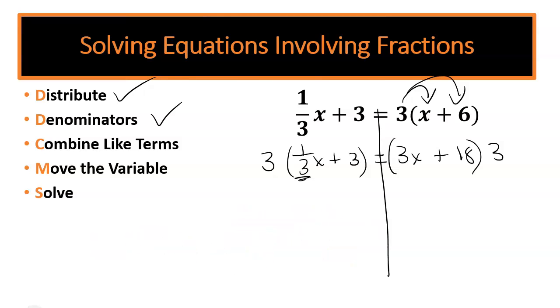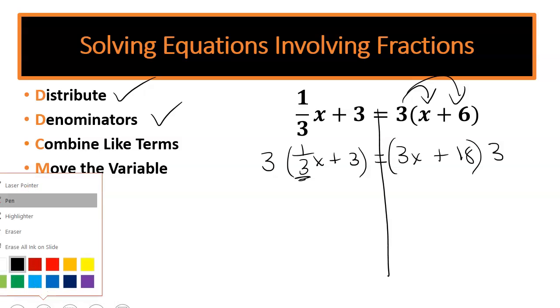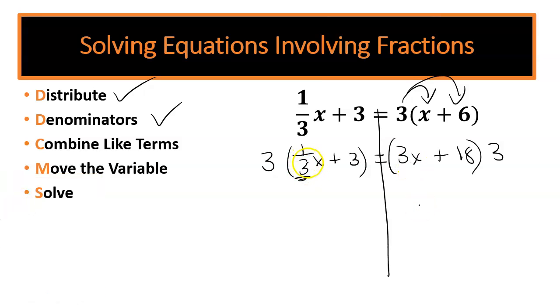Because again, I hate to use that term, cancels out. But basically, that's what happens. So if it helps you to think about it that way, you can. So you could say 3 times 1/3 means these cancel out, and all I have left is the numerator, which is 1x.